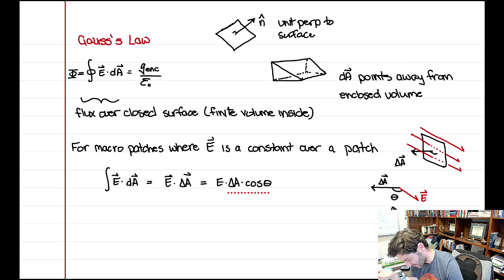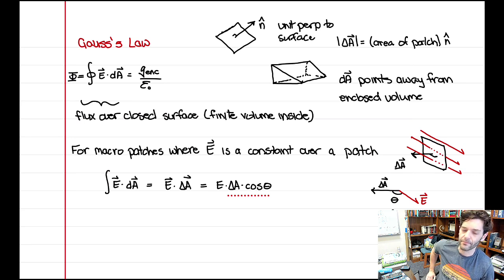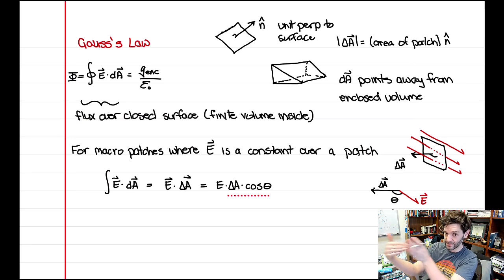And then this connects to what I was calling delta A or dA, in that the magnitude of this vector delta A is equal to the area of the patch, and then that points in the direction n hat. So again, that's just taking and writing a vector as a magnitude and a direction.